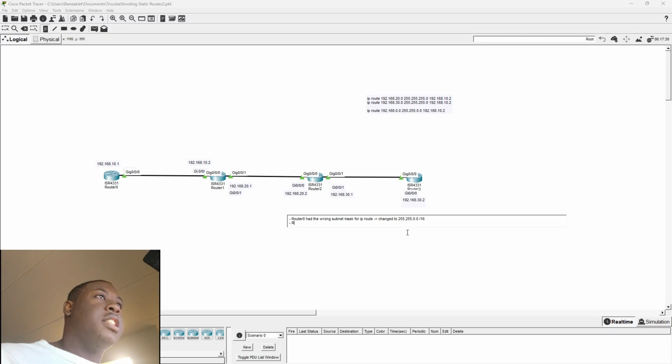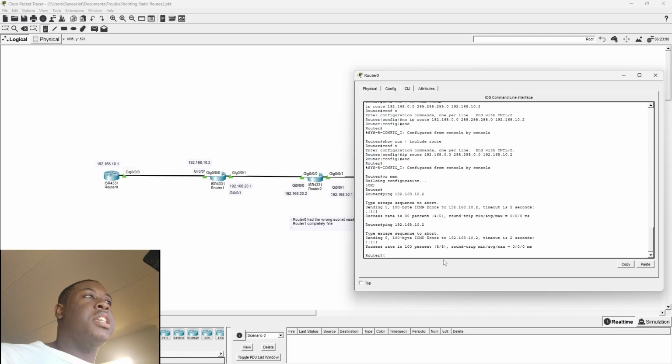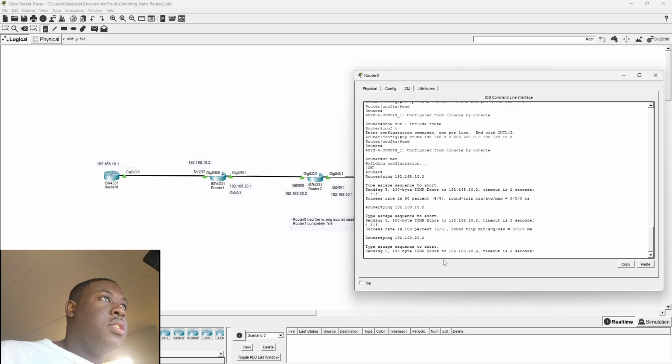Router 1 is completely fine, and theoretically, if router 1 is fine, router 0 is going to be able to ping router 2. No, it actually cannot. So that's probably where we have to see what's wrong with router 2.